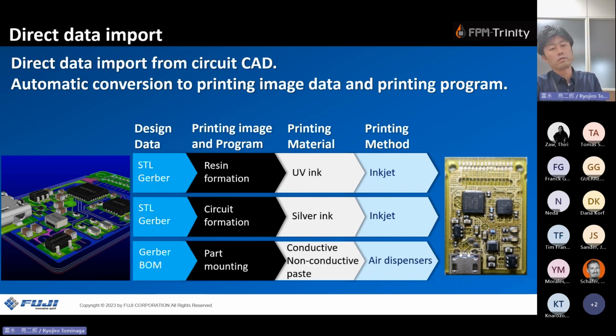Circuit design is also exported by the STL or Gerber data and converted into the printing design and job for the inkjet process. For the parts mounting, we also catch the Gerber and the BOM data and convert it to the parts mounting job. And the air dispenser automatically dispenses the paste to the adequate location.